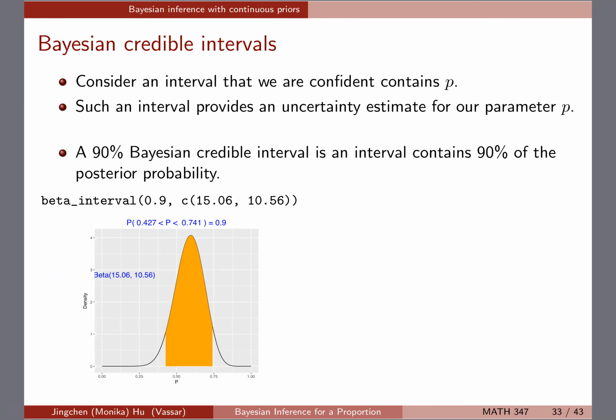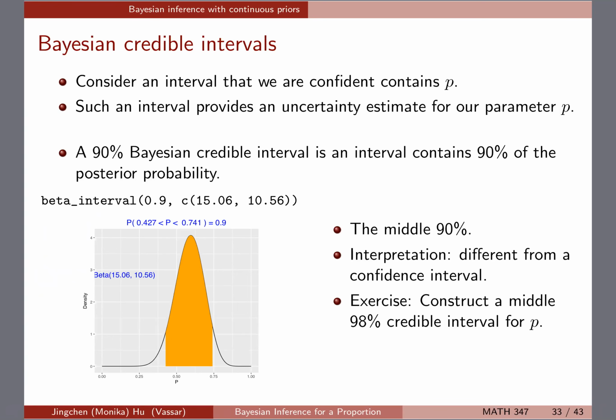And you can see this function also automatically plots a graph, and the shaded area in yellow is the credible interval that we're trying to return. Of course, if you use this function, it's only going to return the middle 90%.